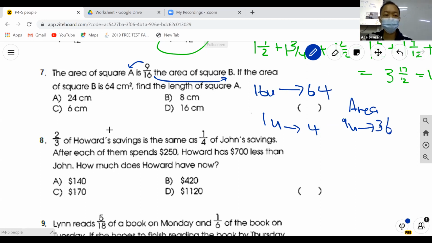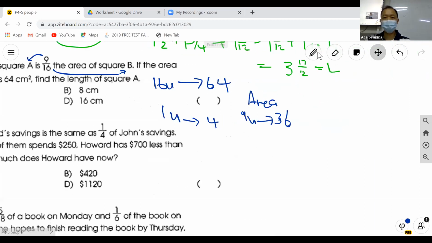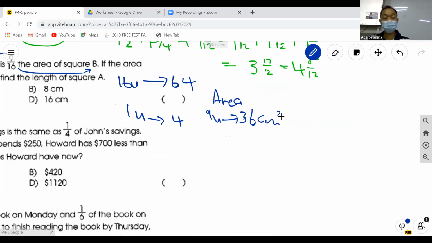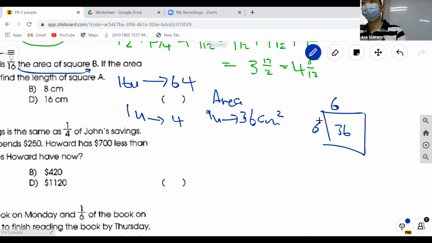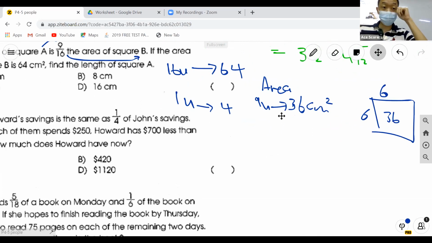Oh, the length is 6. Because if the area is 36, how to get 36? 6 times 6. 6 times 6 gives you 36. Got it? Gives you 36 square cm. So the length is 6.